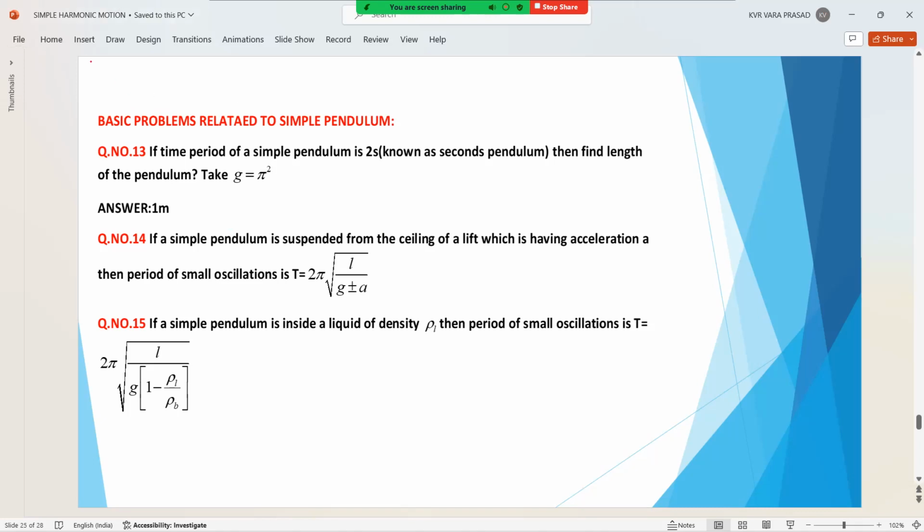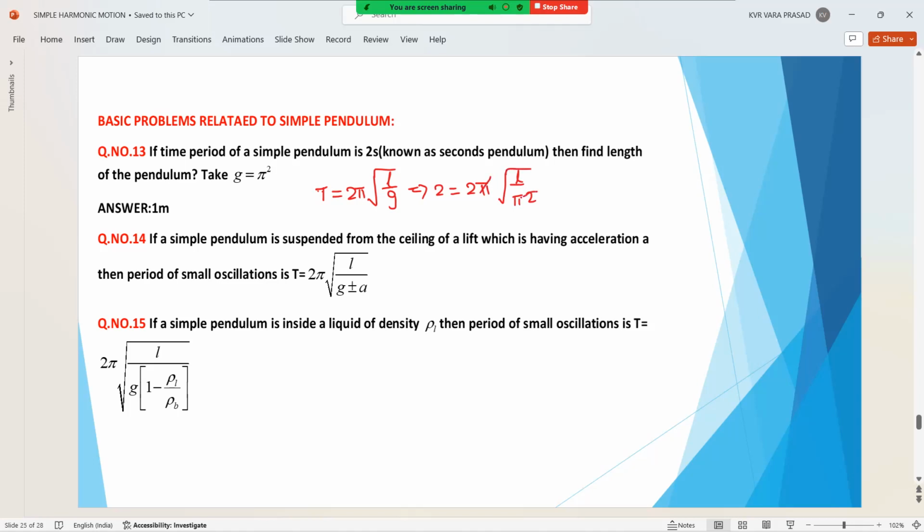Then see, expression is T equal to 2 pi root of L by g. So T value given 2 seconds, 2 equal to 2 pi root of L by, in the place of g, condition given, take pi square.